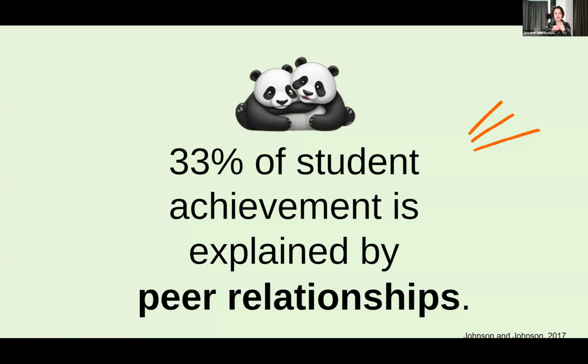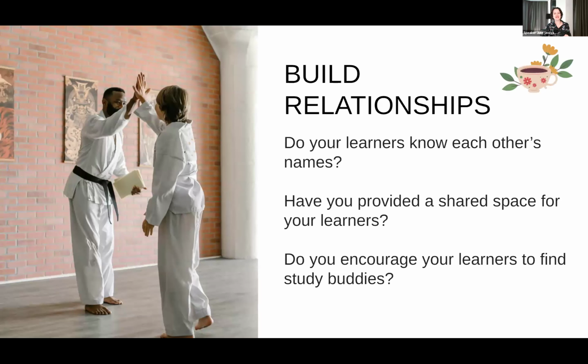It is the relationships that happen between the learners themselves that will help create not just the friendly and warm atmosphere, but also real results and great academic outcomes. And that's why my final point and my final section of the checklist is going to be about building relationships, right?